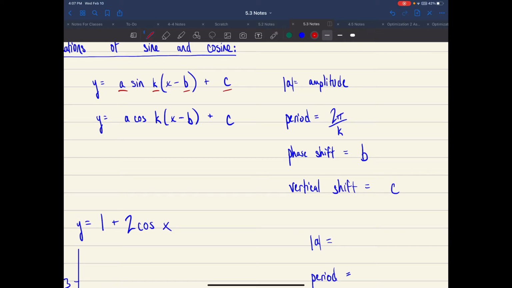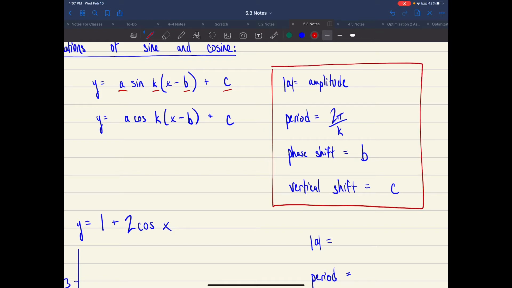The letter doesn't matter, it's the position in the expression that matters. Right here, we have the key for that. So y equals a sine of k, parentheses, x minus b, plus c. And cosine is the same, y equals a cosine k of x minus b plus c.